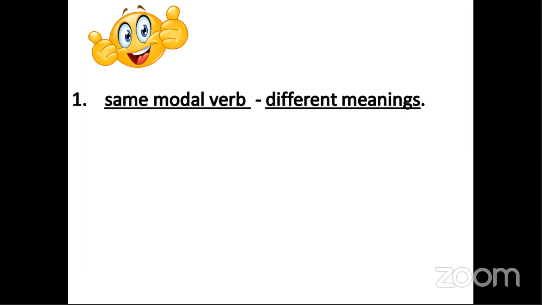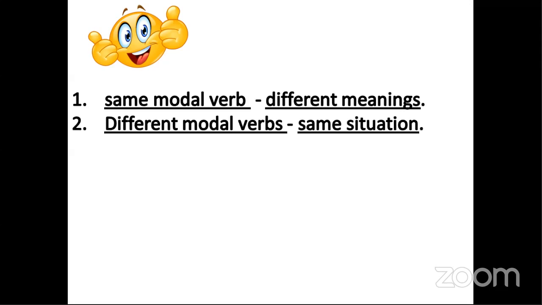So what is our first characteristic? Same modal verb can give different meanings. And what was our second characteristic? Remember the painting. Different modal verbs can be used for the same situation. Boy running to the pharmacy. Main verbs will always be in the base form when we're using them with modal verbs.